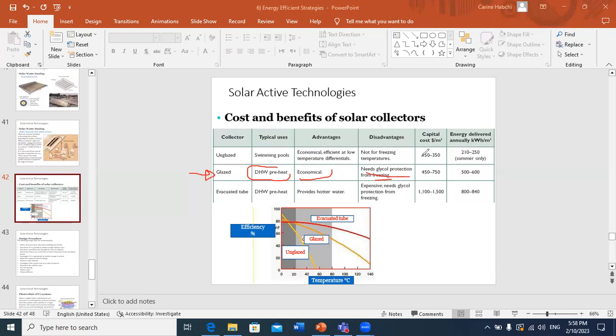The capital cost, of course, compared to unglazed, is larger, but it can provide much larger energy output. So it is justified in case we have an application like domestic hot water needs, where we need to heat the water to a high temperature. Now, another type is the evacuated tube.